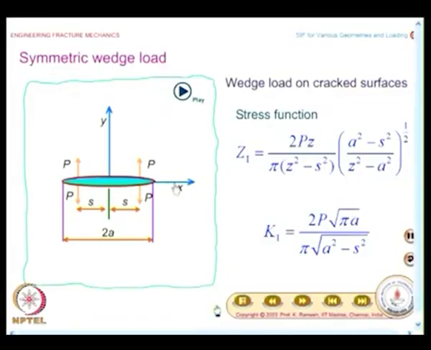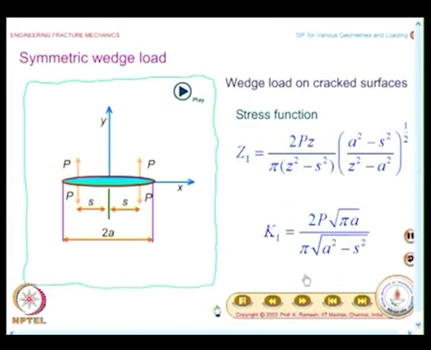So, if you look at the form of the stress intensity factor for a symmetric wedge load, you have this load P per unit length, you have this as 2 by pi P into root of pi a divided by root of a squared minus a squared.